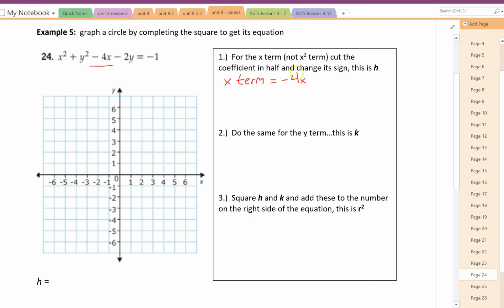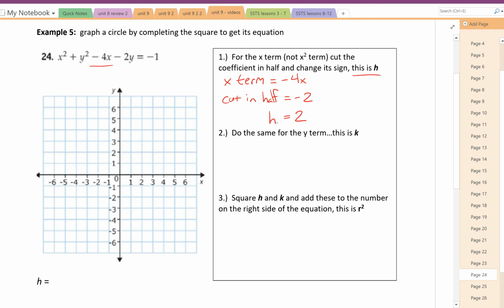So the coefficient is just the number attached to the variable. So half of negative 4 is negative 2. And then I'm going to change its sign. So it's going to become positive 2. This is h. So h for this equation is 2.